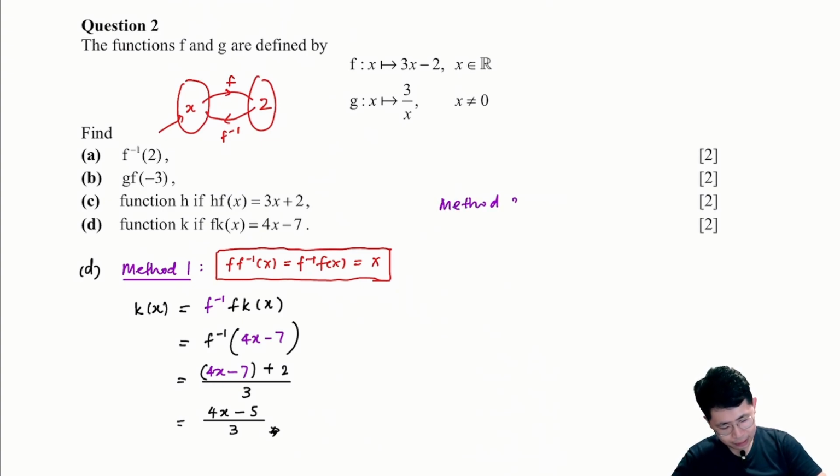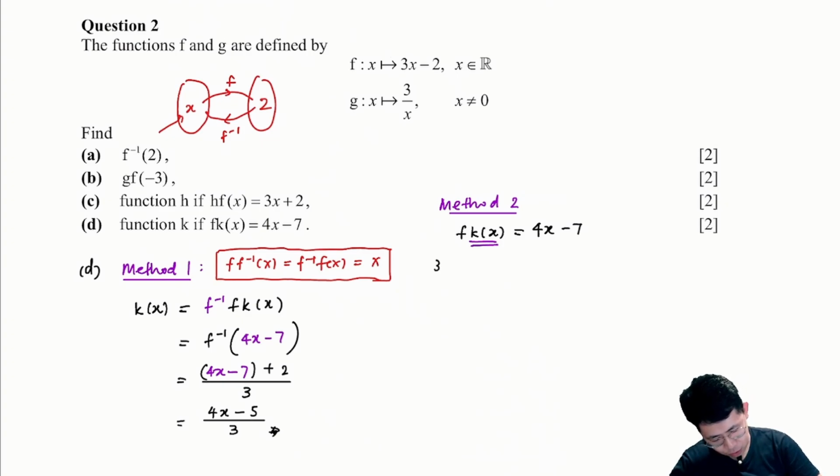Method 2 is also a bit interesting. Method 2 is also substitution. So starting from fk(x) equals 4x minus 7, I'm going to substitute k(x) into the expression for f(x), which is 3x minus 2.